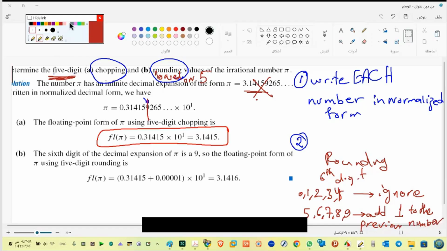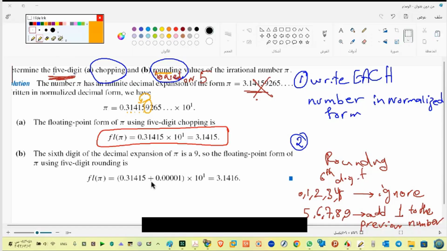Okay, let's see our example here in our book. Our number here is a floating point. For chopping, we just cut: 1, 2, 3, 4, cut. Now let's see the other case, rounding. 1, 2, 3, 4, 5. I look at the sixth one. It's 9. For 9, add 1 to the previous one.